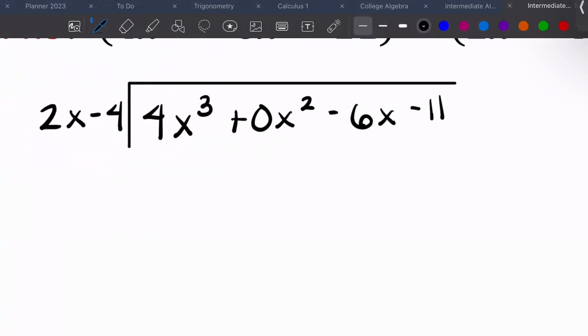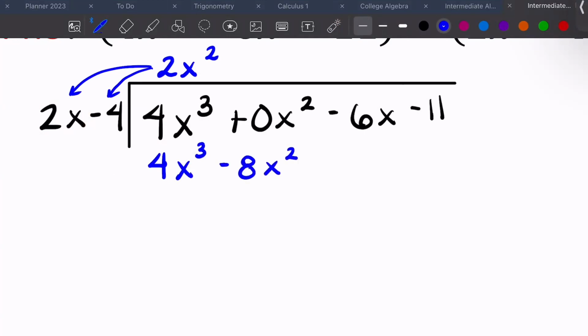Now we're just going to do the same process we did every single time, okay? We're going to match 2x and 4x cubed. So we're going to say 2x squared, and we're going to multiply 4x cubed minus 8x squared.